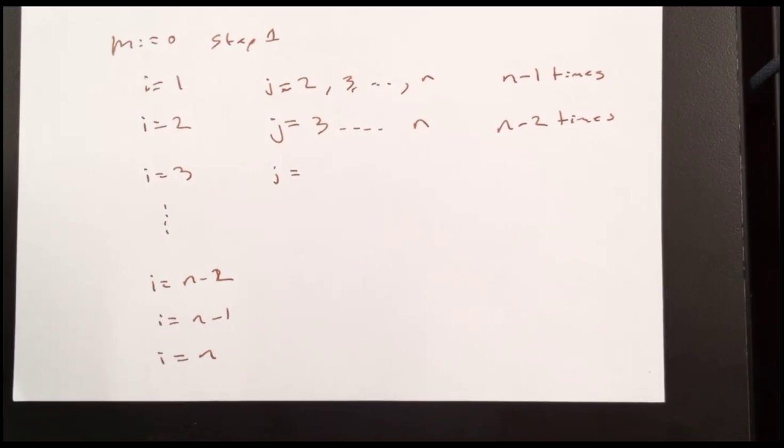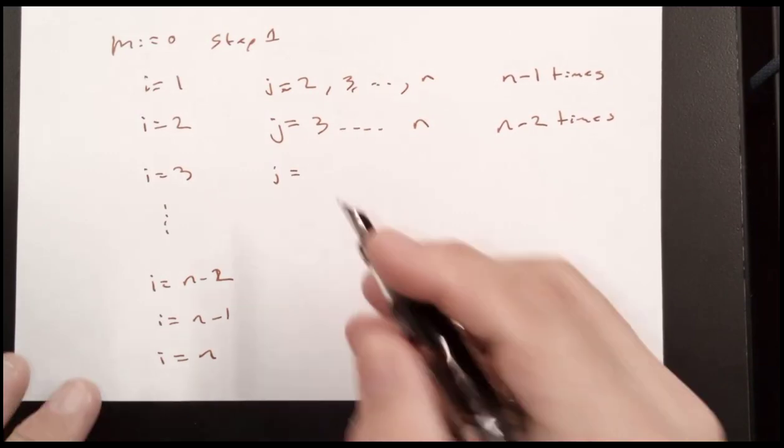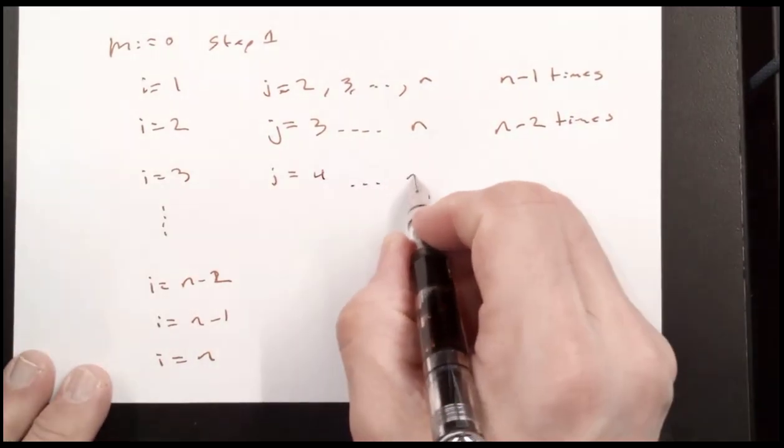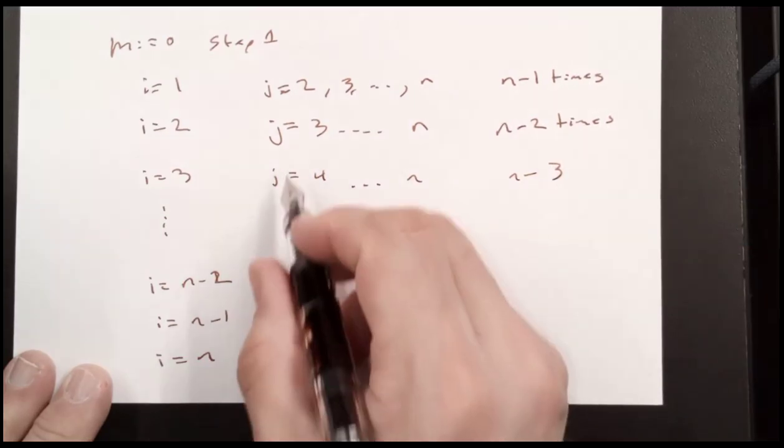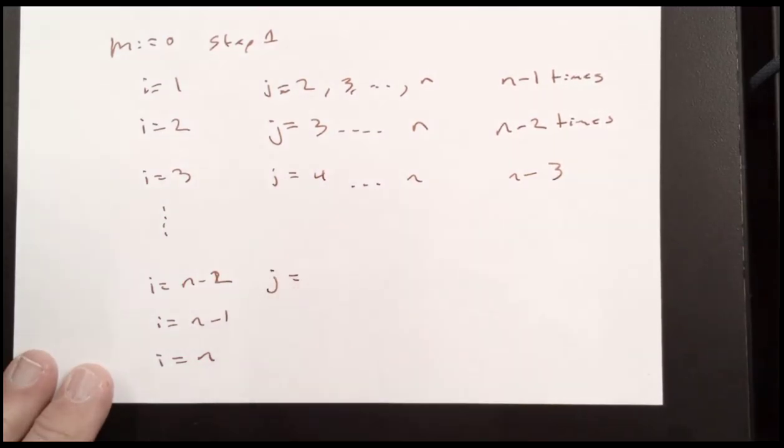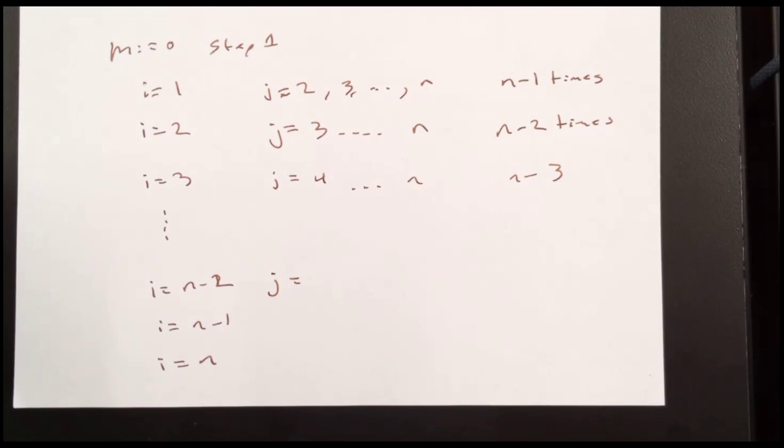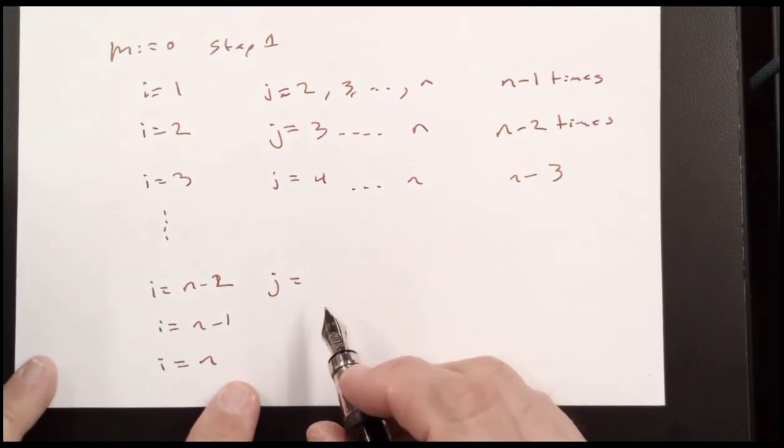Blake? The I equals 3 would be 4 and then 5 on n, so it would be n minus 3 times. Right. So by the time I get down to here, if I'm at n minus 2, then n plus 1, then n, then 3.